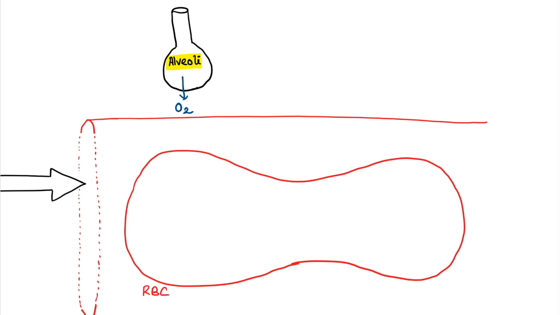Now when this oxygen enters the capillary, it will directly reach inside the RBC. So, oxygen diffuses inside the RBC. Now please recall, the blood which reaches the level of alveoli is deoxygenated blood. That means the hemoglobin is in deoxygenated form. So I'm writing here, this is the deoxygenated hemoglobin.